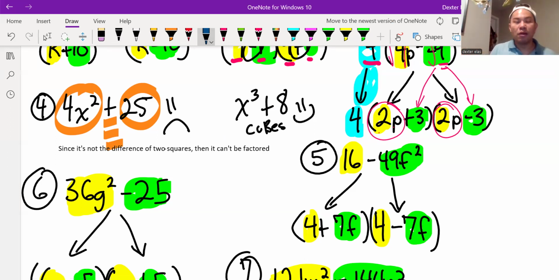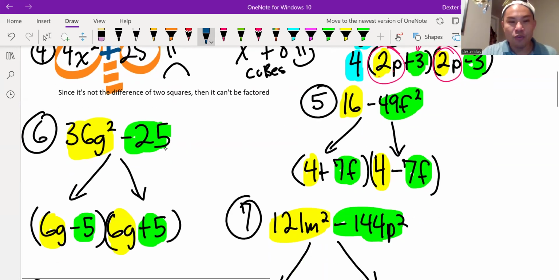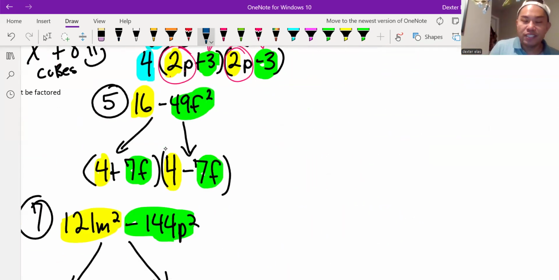I'm saying this now so you don't create a permanent block whenever you see two binomials in this unit and they're being added. It's only when they're squares. If you're asking for the sum of two squares, they cannot be factored. Got it? Cool.